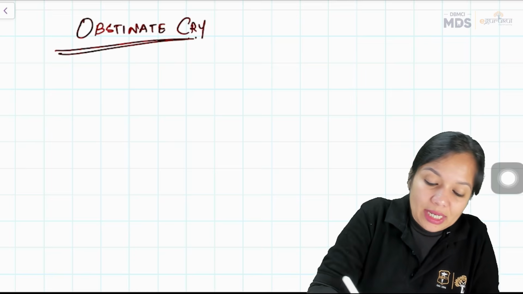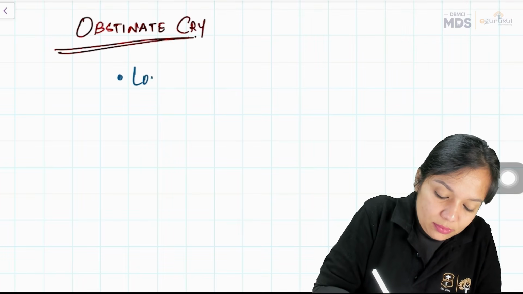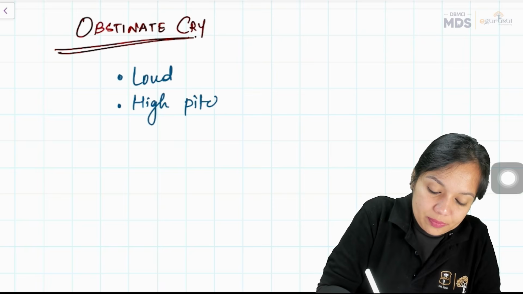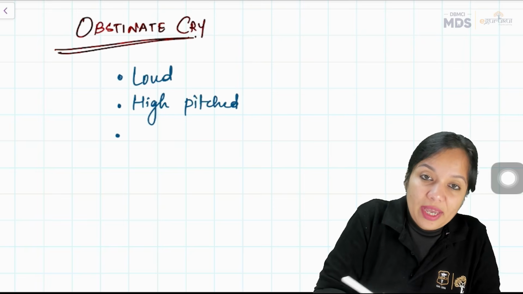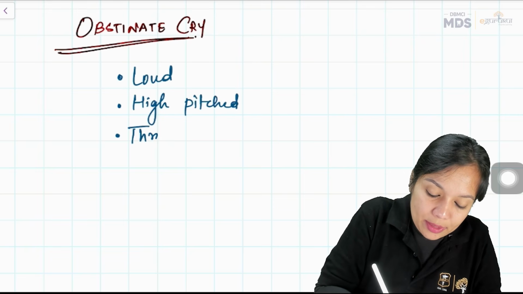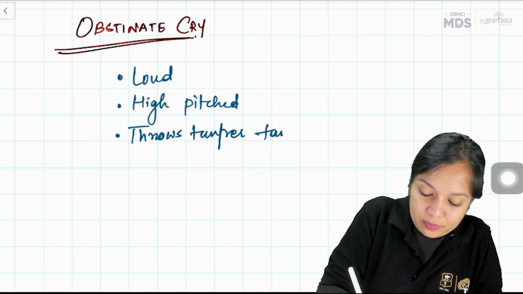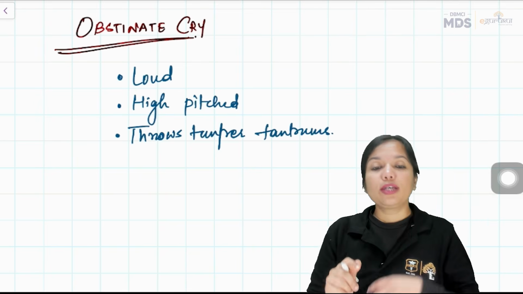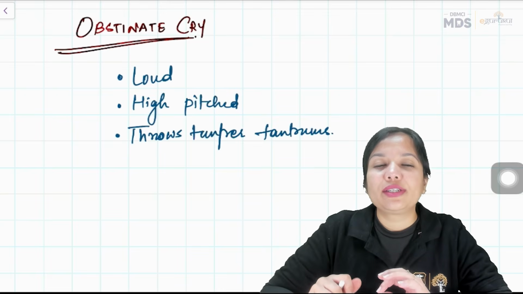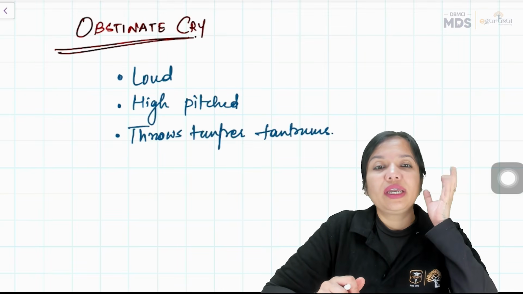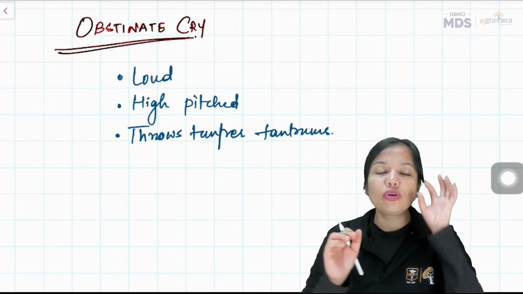So obstinate cry is loud, it is high pitched, and it is where a child throws temper tantrums. These are the three characteristics of an obstinate cry.